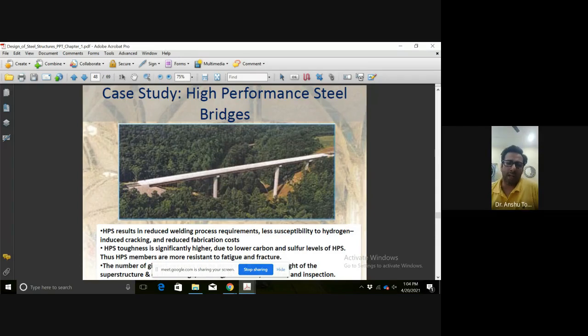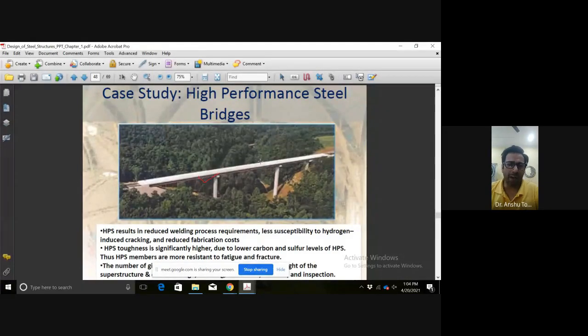Now, there are two types of structural steel. One, as we have just discussed, trusses. The other type that we can see in front of us is bridges.